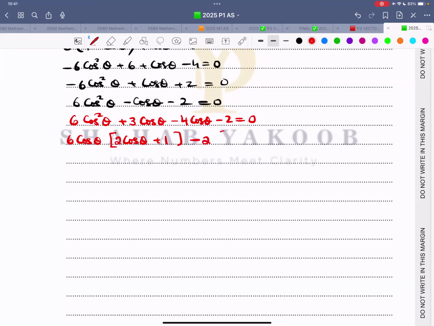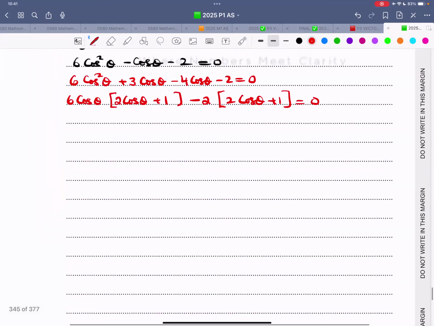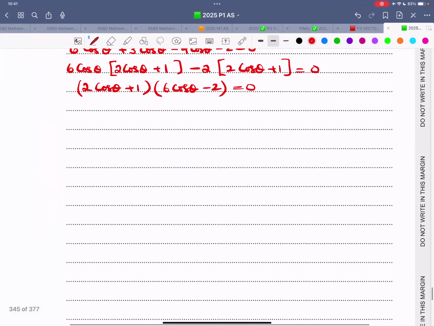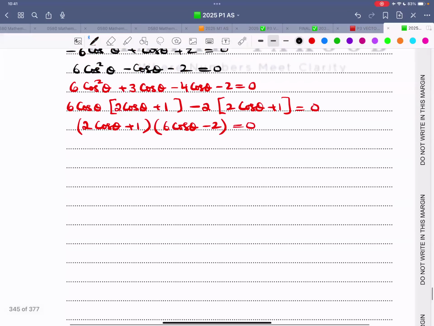This is minus 2, 2 cos theta plus 1 equals 0. Let me just remove this, it is causing distraction. So now this is 2 cos theta plus 1 into 6 cos theta minus 2 equals 0.